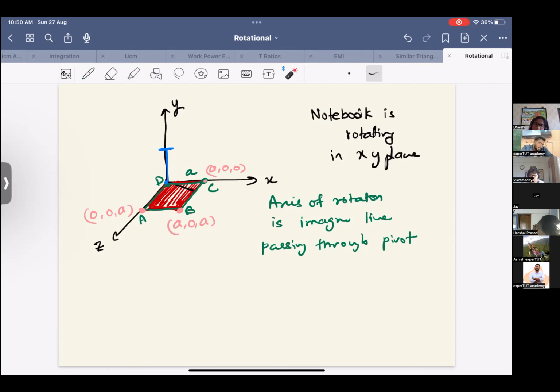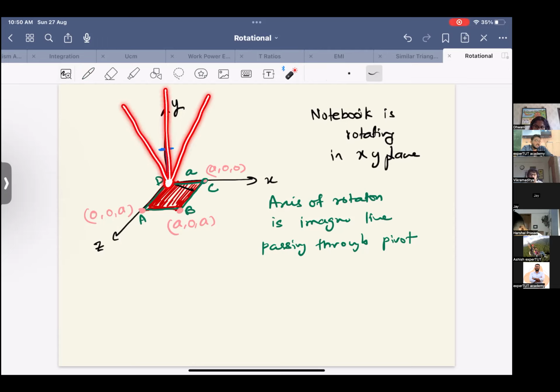But look, is this line passing through the pivot? Yes. The y-axis is the line passing through the pivot, right? Is this line also passing through the pivot? The pivot is the point D. Everyone understood, no? So this line is also passing through the pivot. All these lines are passing through the pivot, right?